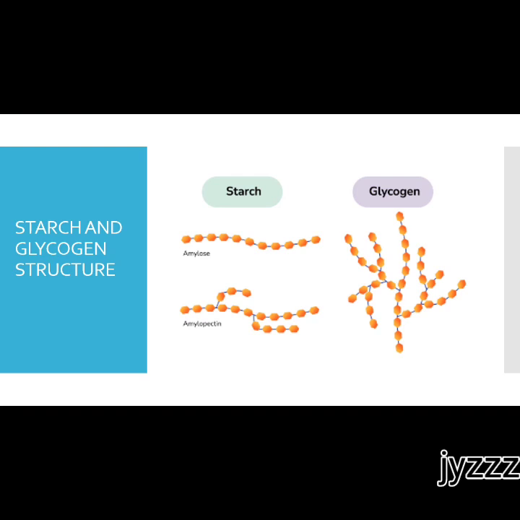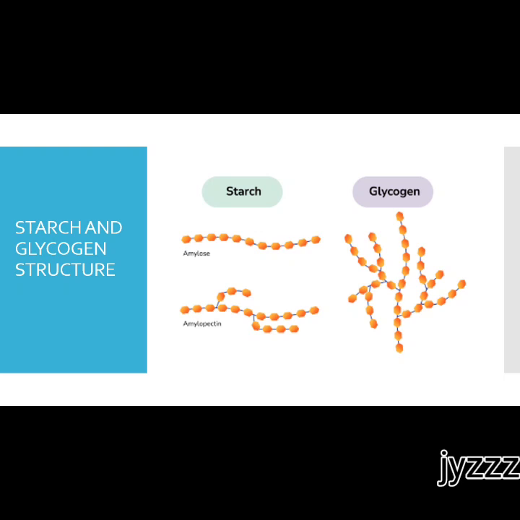Your glycogen has short, many branched chains, some are coiled, and they are made up of alpha D glucose. You have here the presence of alpha 1,4 glycosidic linkage and alpha 1,6 glycosidic linkage.